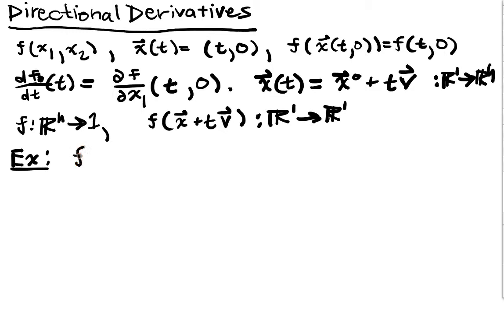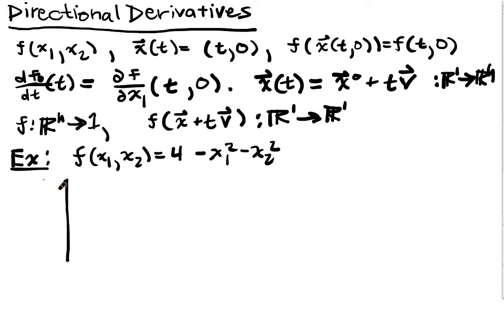So let's get an example. Something relatively simple. f of x1, x2 is equal to 4 minus x1 squared minus x2 squared. And we're just going to look at this guy in the positive orthant in these many dimensions. So this will be 4, say this will be 2, this will be 2.